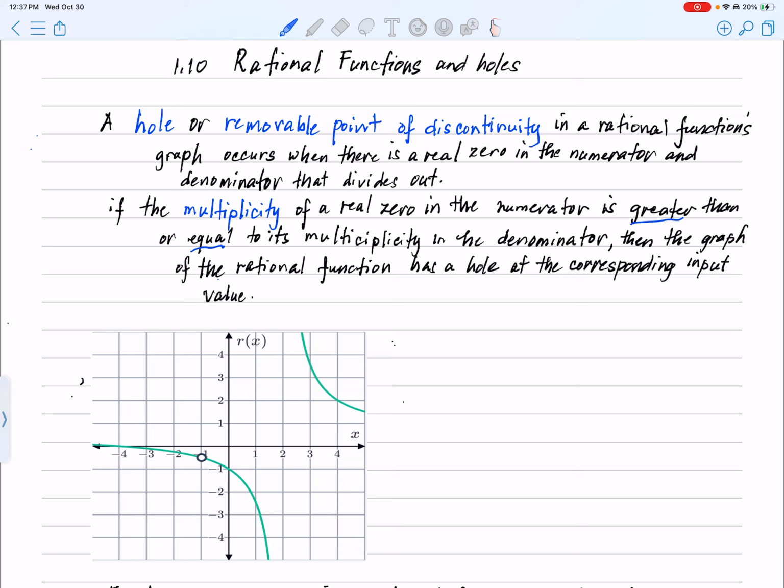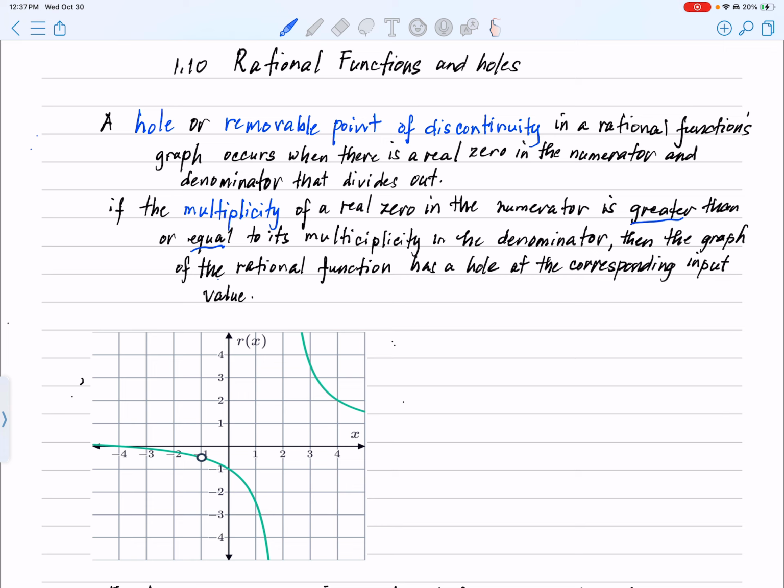What's the difference when we're looking at the vertical asymptote? We're trying to find out which multiplicity is greater. If the multiplicity of the denominator is greater than the multiplicity in the numerator, then there is a vertical asymptote.